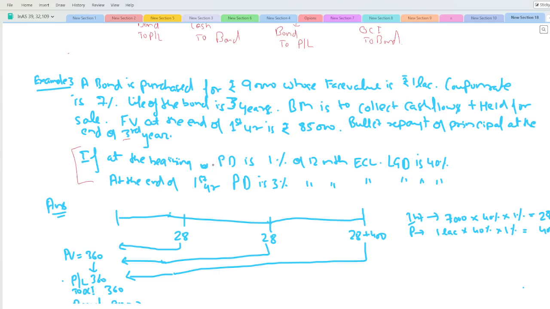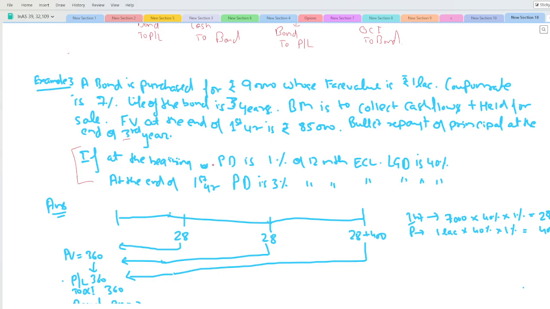Yeah. So when this concept was introduced, there was a lot of argument about how you can make the provision at inception itself, because at inception you are doing the transaction at fair value, correct?